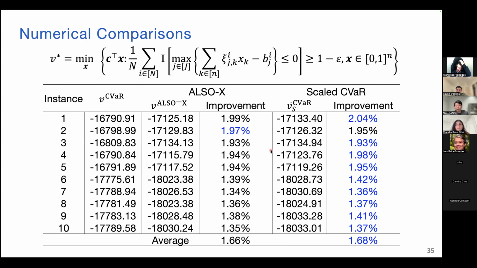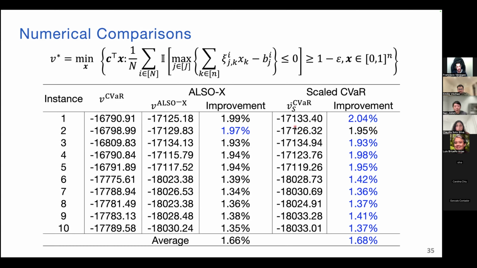So this is our numerical study. We can show that the scale CVaR heuristic can be better than the previous also-X. You can see the improvement is not that much, because the previous also-X is already a very tight upper bound, so improving on it is very hard. This numerical study took us a very long time to do.